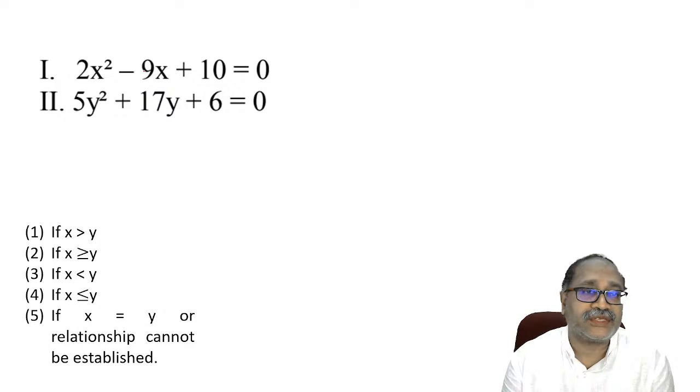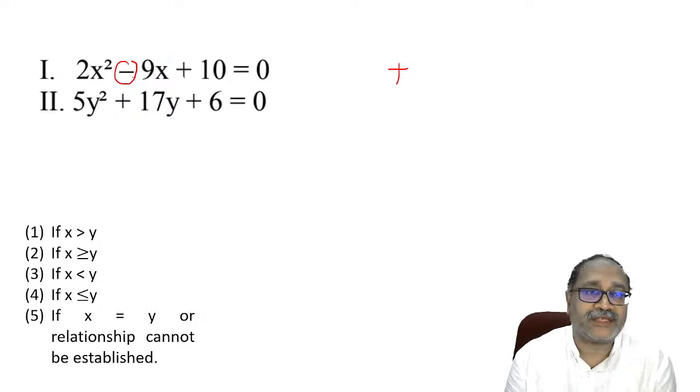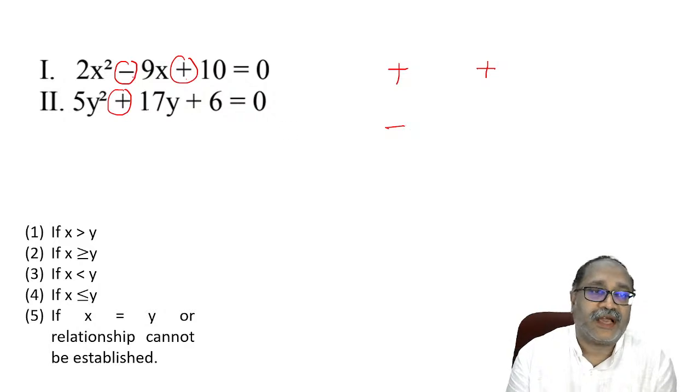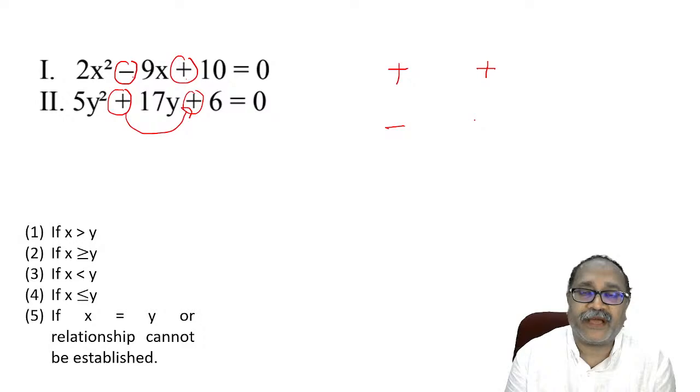Now come to this question. This is minus, will become plus, and the minus does not change the next sign. The next sign is plus, it will remain plus. And the next one is plus; the first sign always changes, so it becomes minus, and the plus changes the next sign, so it's minus.